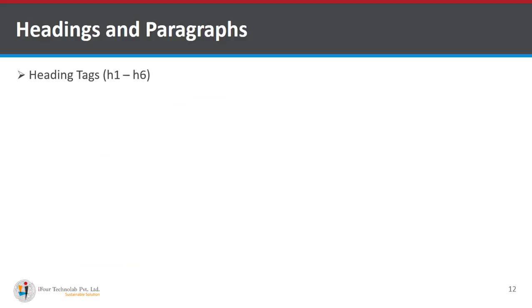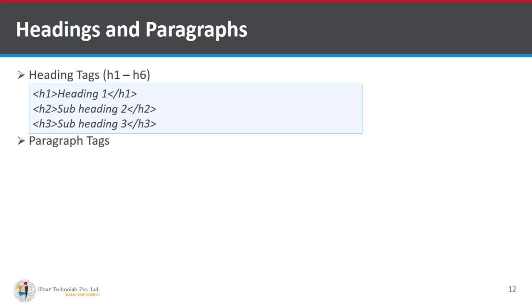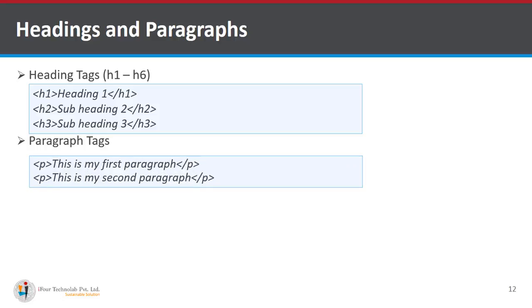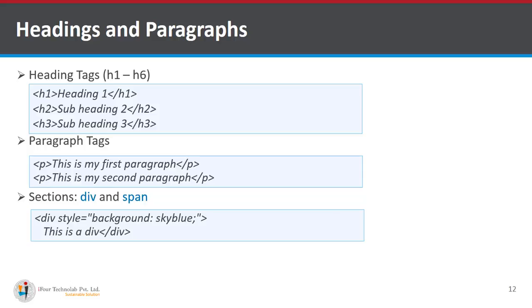These are just simple examples for attributes. Now there are some tags for defining headings and paragraphs. Heading tags are H1 to H6. Paragraph tags are P, as I already explained. For sections, there are div and span. You can use div and span for sections. For example, you can see here.